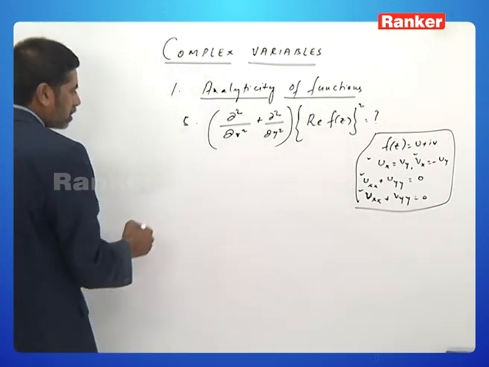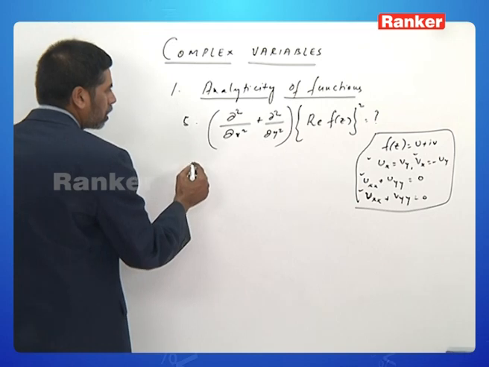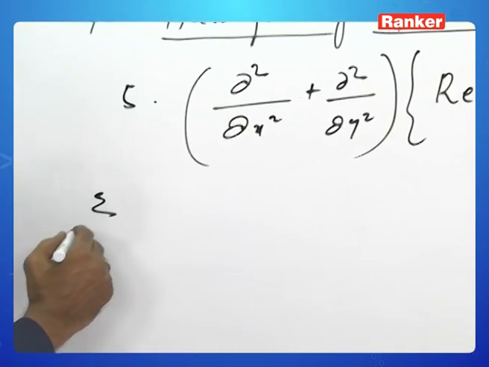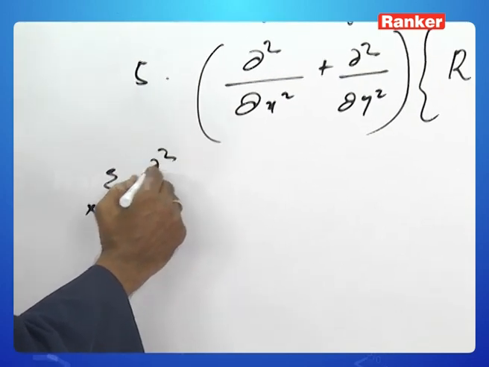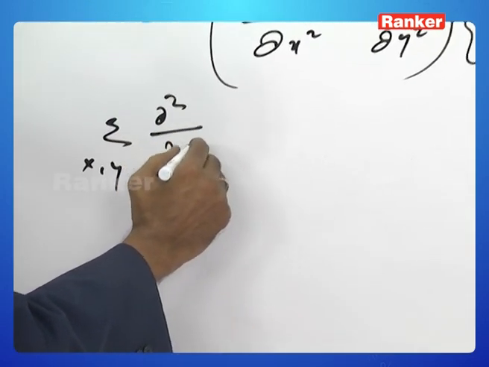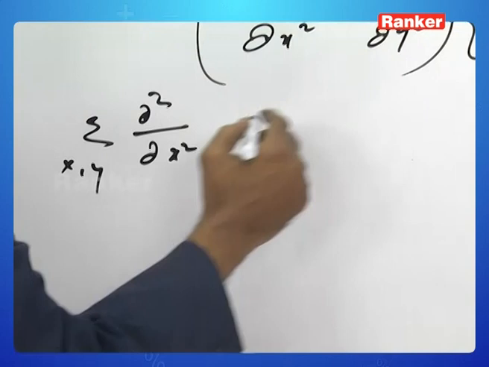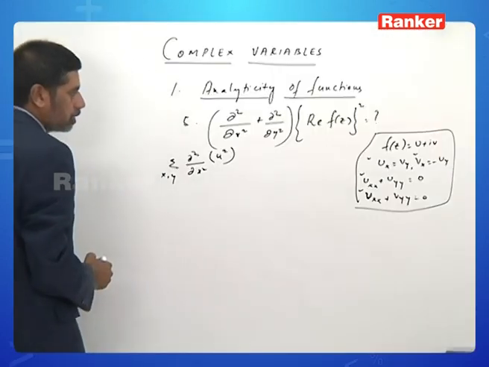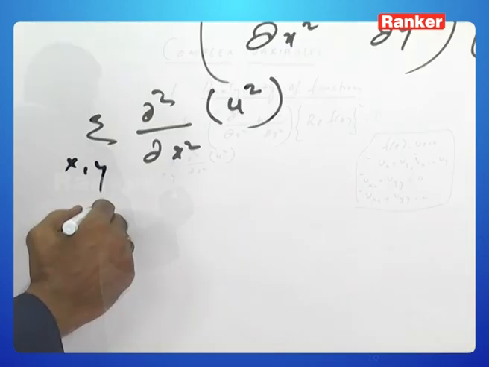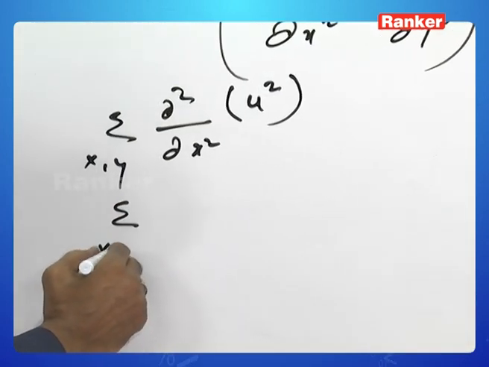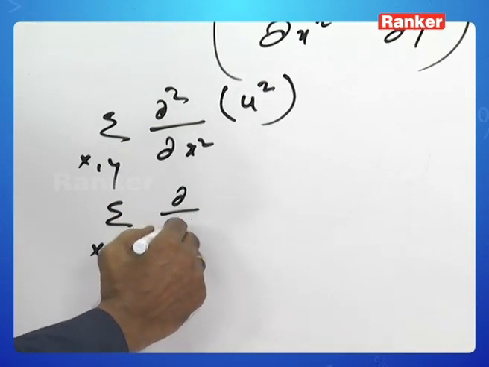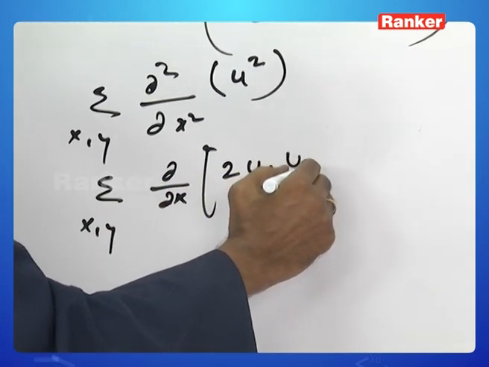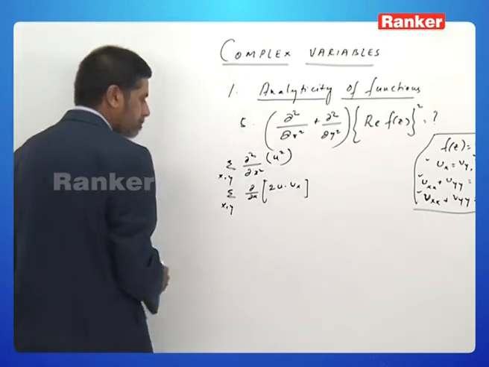So let's take this calculation. We can write this as summation over x y of dou square by dou x squared. Real f of z is nothing but u. So it is u squared. So this is nothing but summation over x y dou by dou x of 2u dou u by dou x.